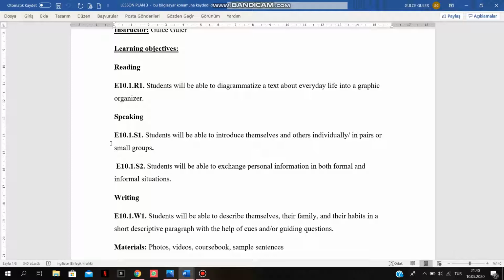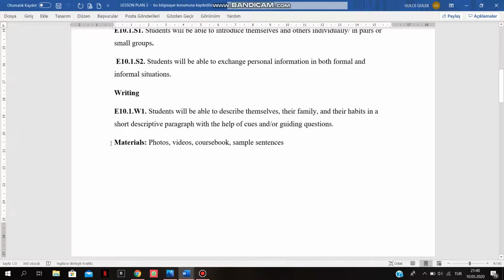For the speaking part, students will be able to introduce themselves and others individually, in pairs, or maybe in small groups. And students will be able to exchange personal information in both formal and informal situations. For writing skill, students will be able to describe themselves or their family and their habits in a short descriptive paragraph with the help of cues and or guiding questions.